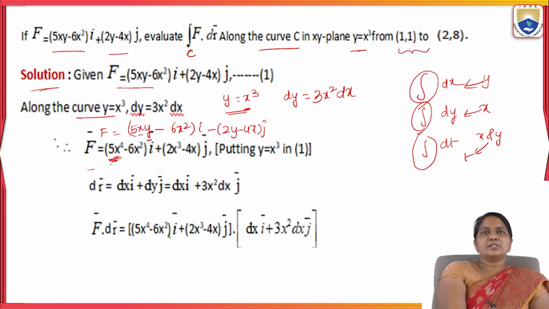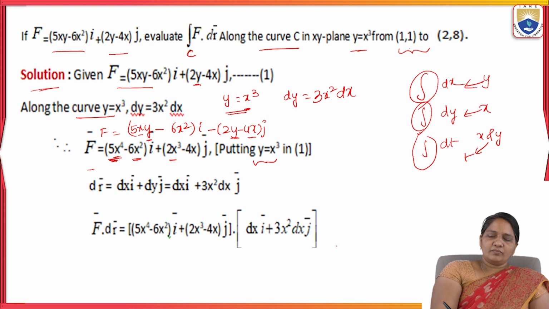So finally this is 5x power 4 minus 6x square into i plus 2y, where in place of y we replaced x cube, so 2x cube minus 4x into j. That means we are replacing y equals x cube. And we know we need the integral of f bar dot dr bar, right? So what is dr bar?